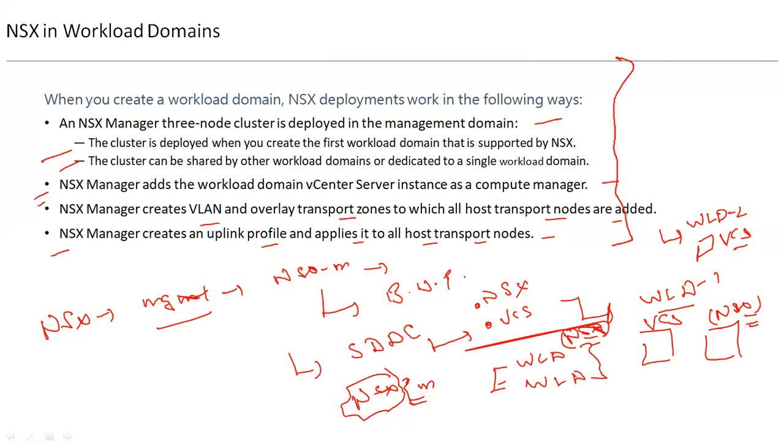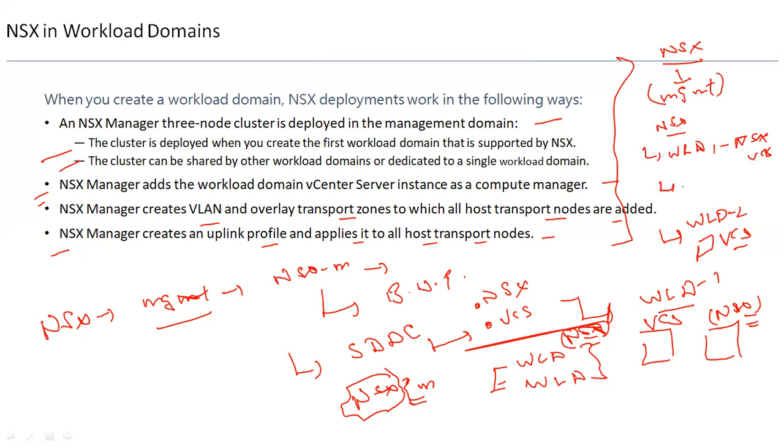I'm repeating one more time. NSX for the management domain will be deployed during the deployment time of the management domain from the Cloud Builder appliance. However, the NSX Edge we have to deploy post deployment. In the same way, when we create a new workload domain, it will create a new NSX construct along with your vCenter Server.